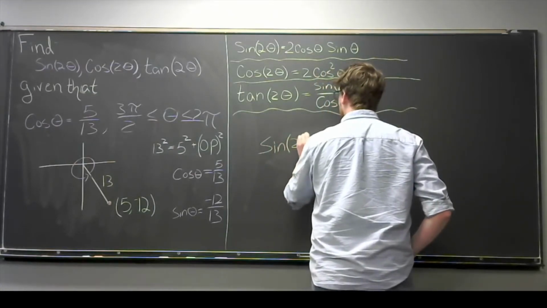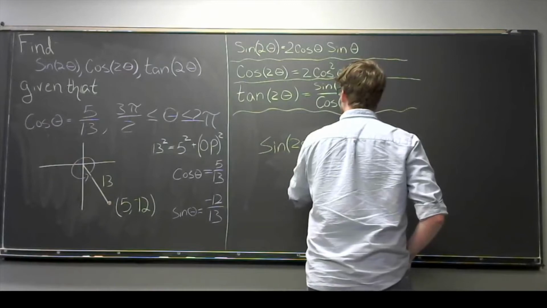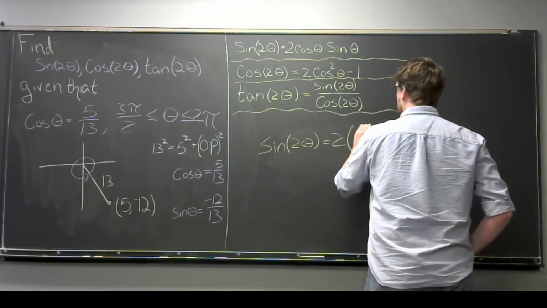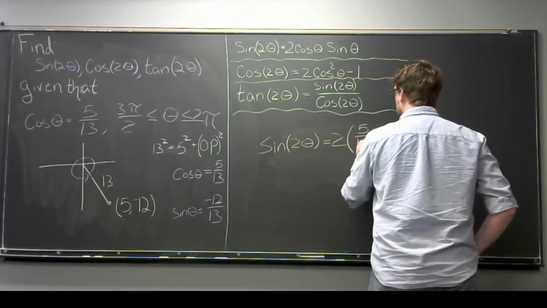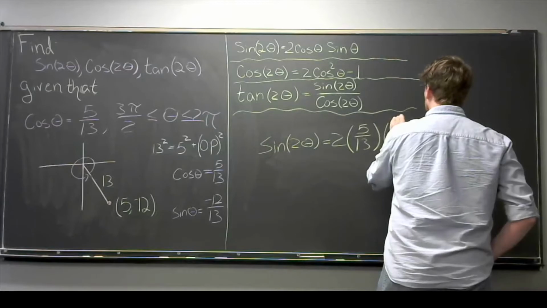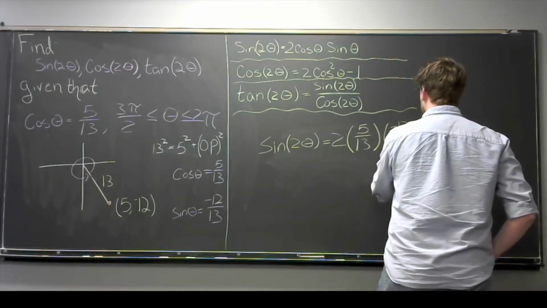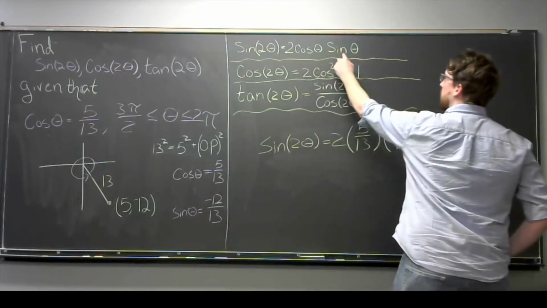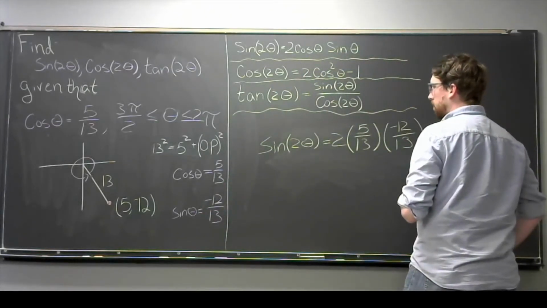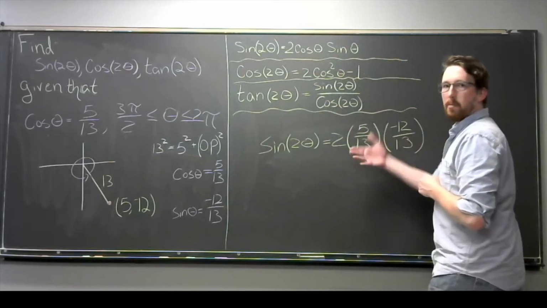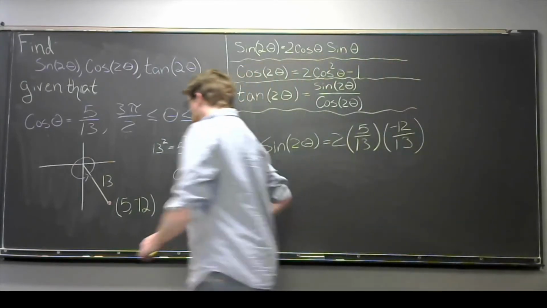Sine of 2 theta is equal to 2 times 5 over 13 times negative 12 over 13. I'm just taking these, plugging them into the formula, and multiplying them.